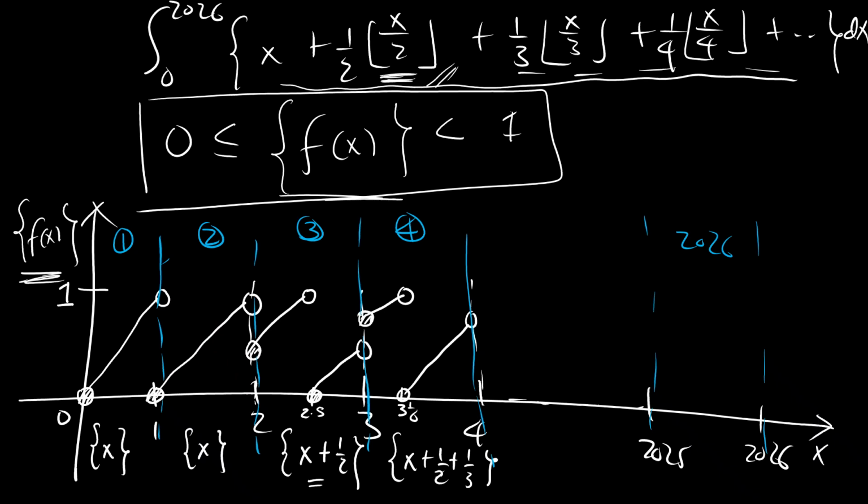And we see that the integration is going to be equal to the area under these lines here. The integration is going to be that, and so on and so on.